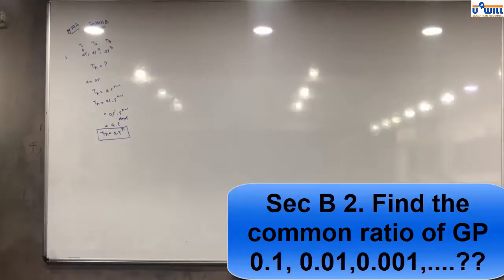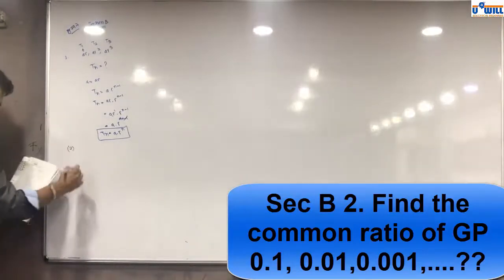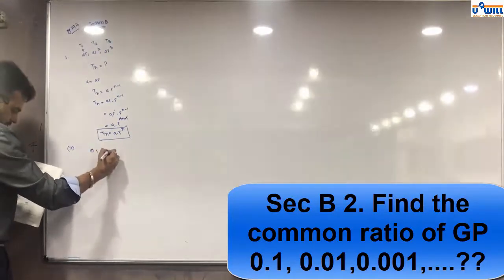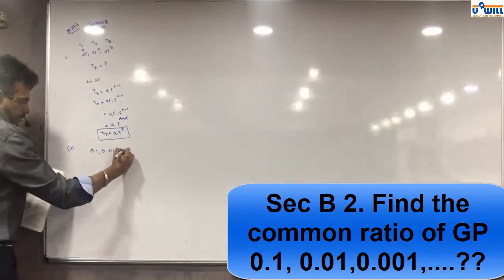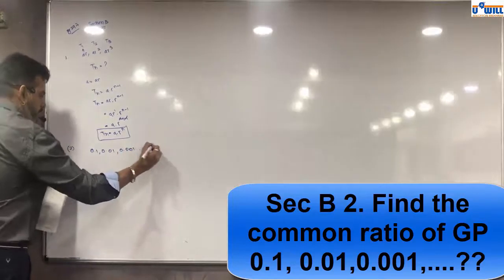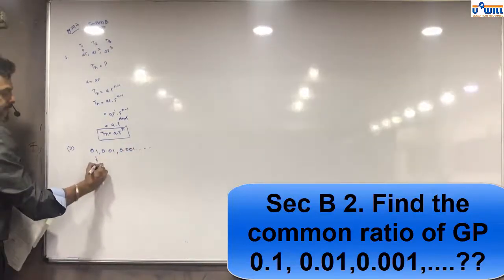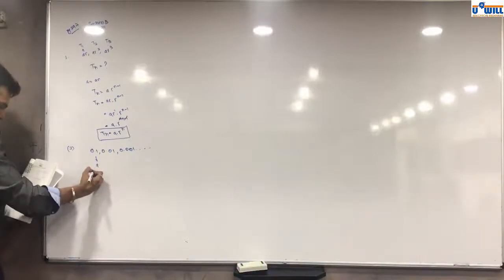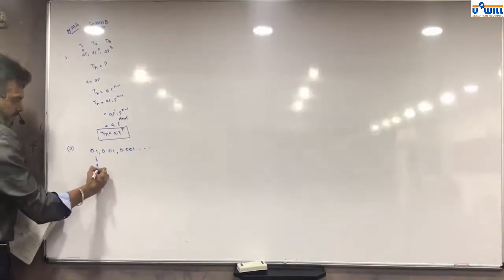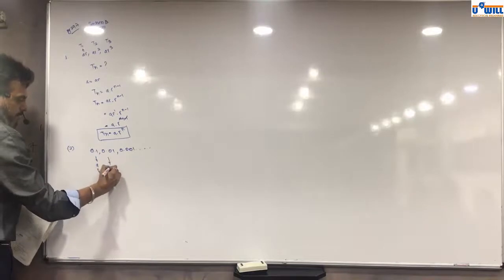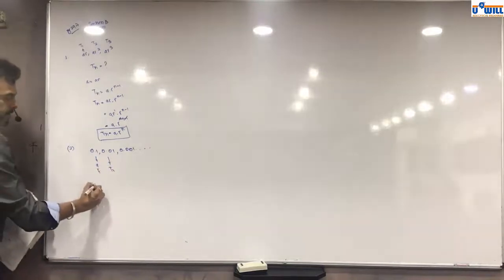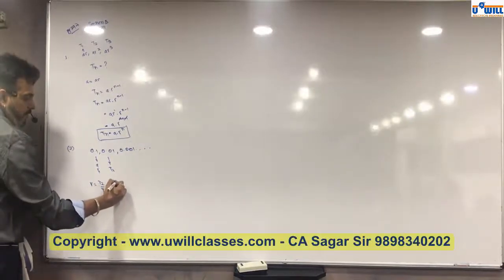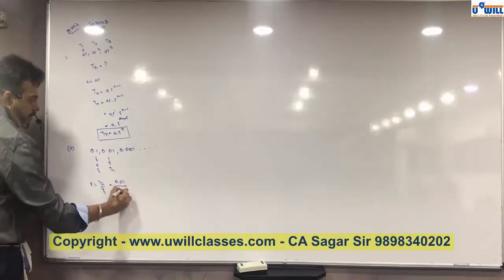Question 2. Find the common ratio of GP 0.1, 0.01, 0.001, and so on. So we'll take this as A. Now we have to find the common ratio. So this is A, which is T1, and this is T2. R is equal to T2 upon T1, which is equal to 0.01 upon 0.1.